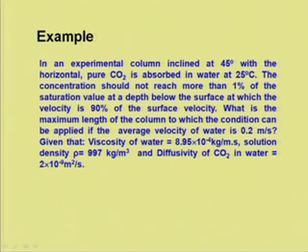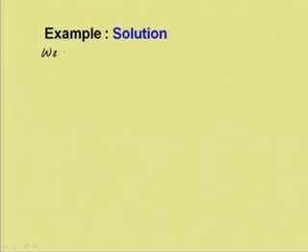What is the maximum length of the column to which the condition can be applied if the average velocity of water is 0.2 meter per second? And all the physicochemical properties like viscosity, density and diffusivity, which we have used for the earlier problem, are also given.